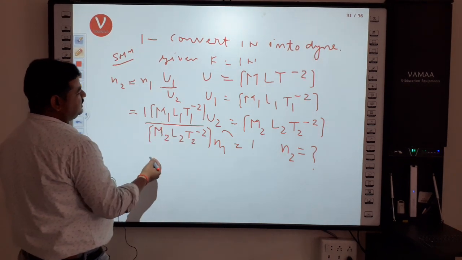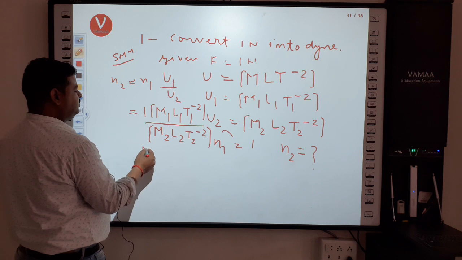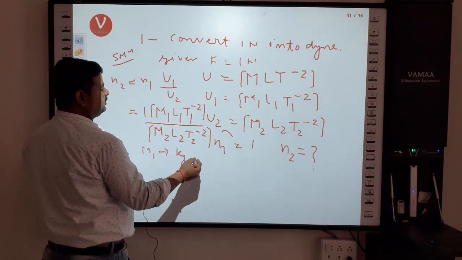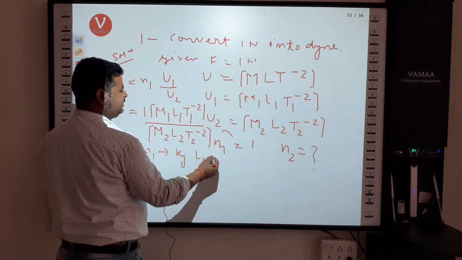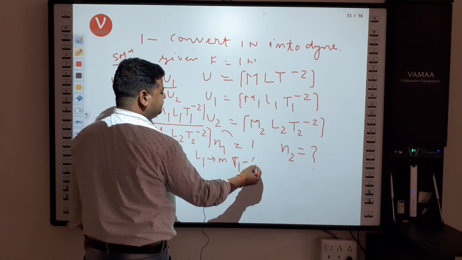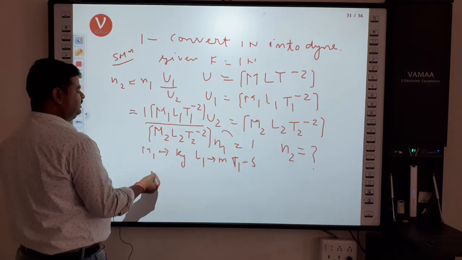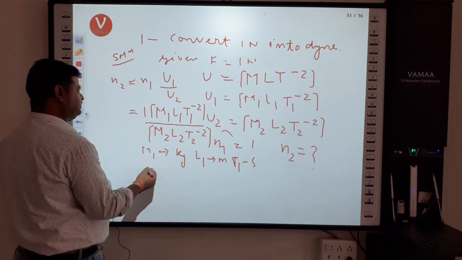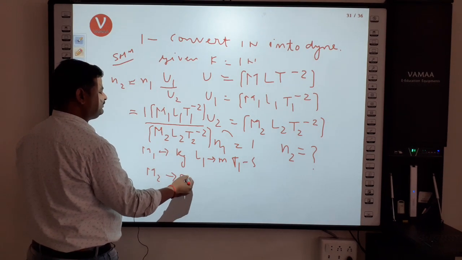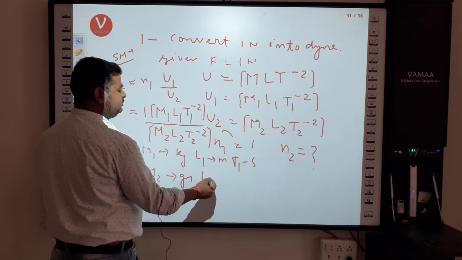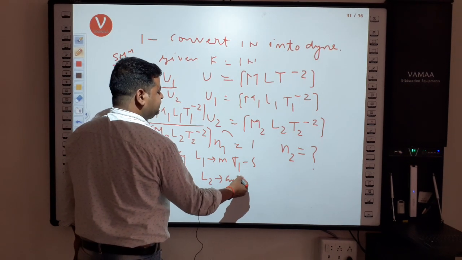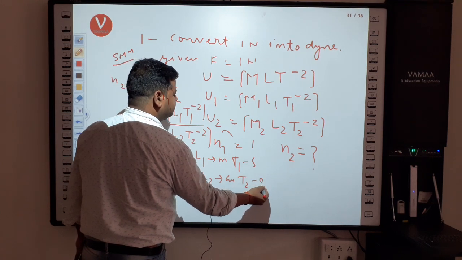In the MKS system, M1 will be kg, L1 is meter, T1 is second, and in the second system, that is CGS, M2 is gram, L2 is centimeter, T2 is second.